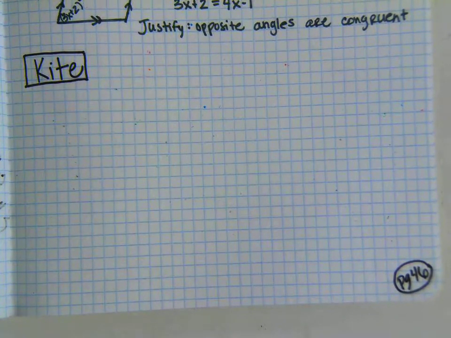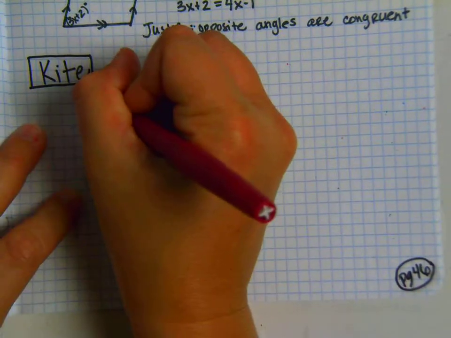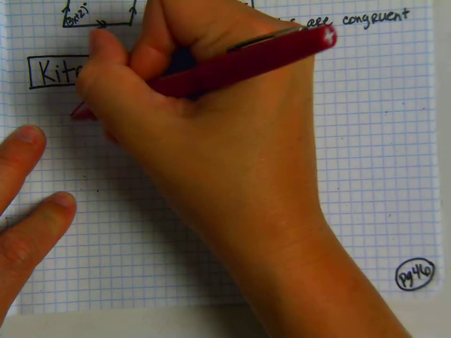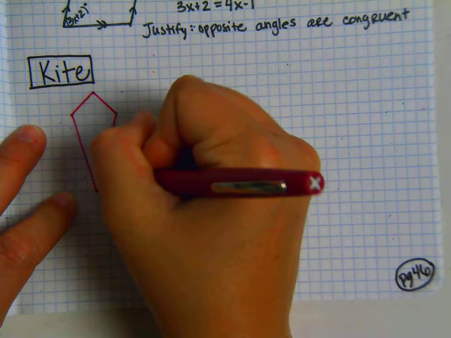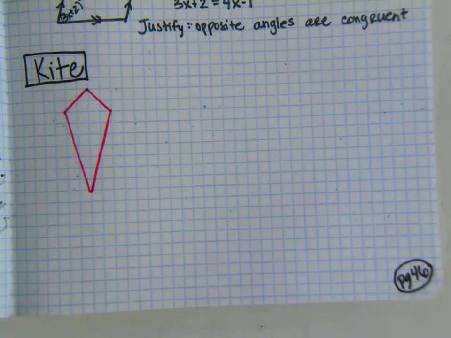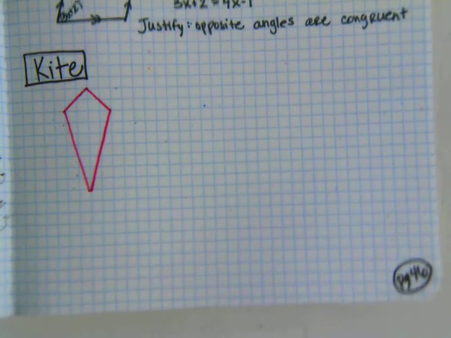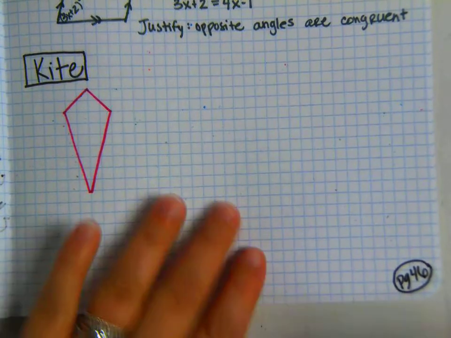So a kite looks like this. Okay, that's a kite. And a kite has a lot of really cool properties. The first one is it has at least one pair of opposite angles congruent. So let's write that down.